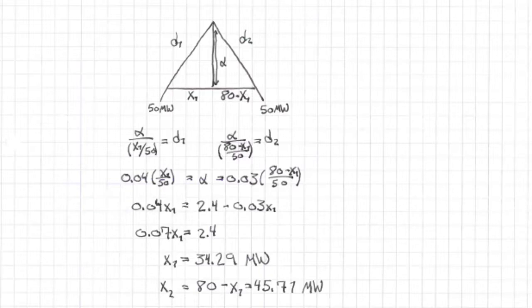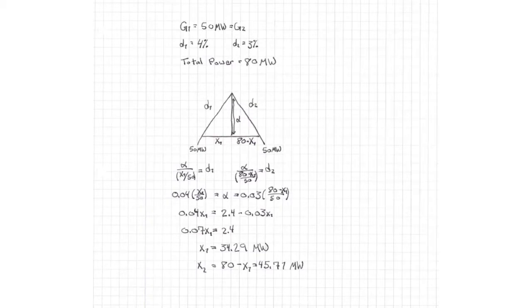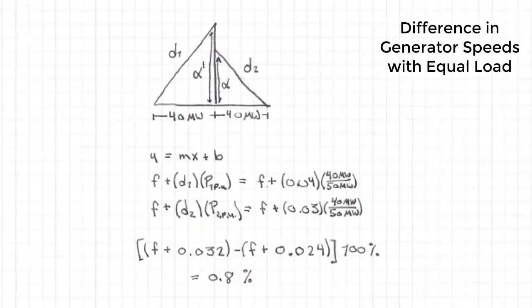A little more rearranging, and we have 0.07 X1 equals 2.4, so we can calculate very easily that X1 equals 34.29 megawatts. This gives us an X2 of 45.71 megawatts. So if these two generators are connected to an 80 megawatt load and operate at the exact same speed with their respective droops, we have these operating points.